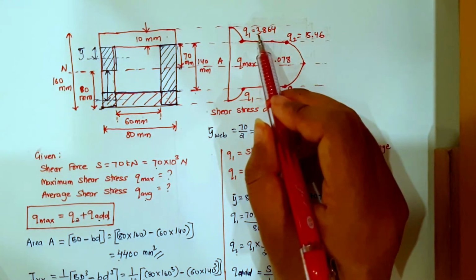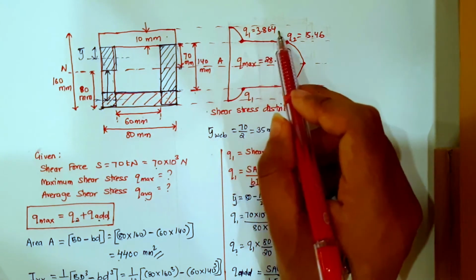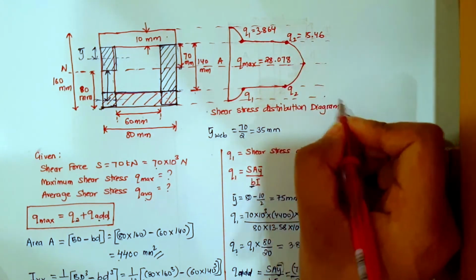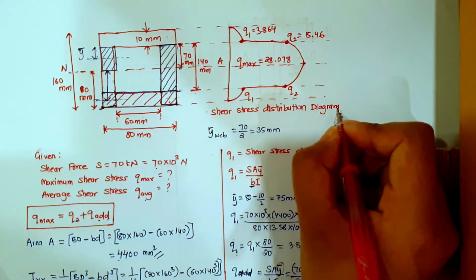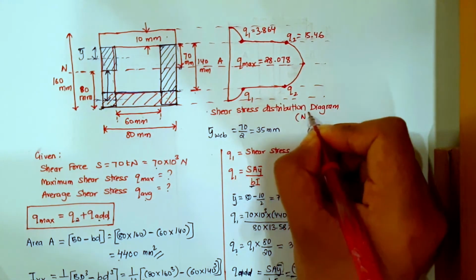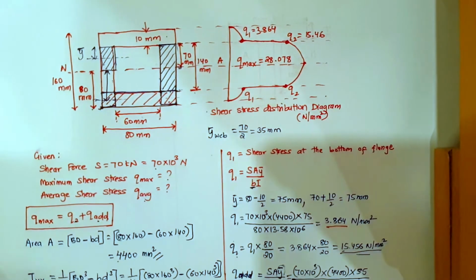Now when I was writing the values of Q1, Q2 and maximum shear stress, I did not mention the unit. तो जब आप ऐसे लिखते हो तो you can mention shear stress distribution diagram in Newton per mm square. So you can mention the unit here.